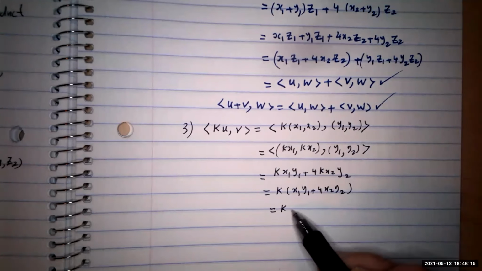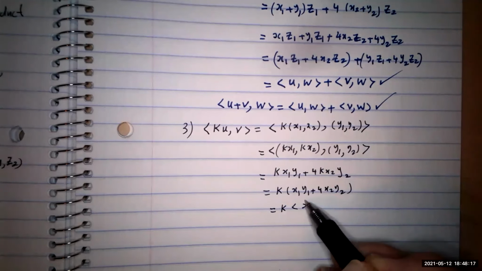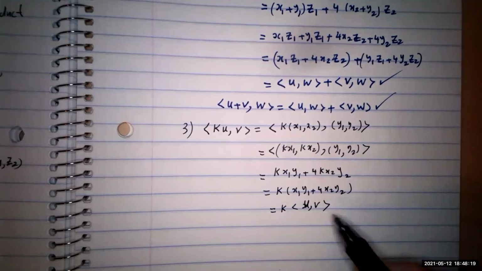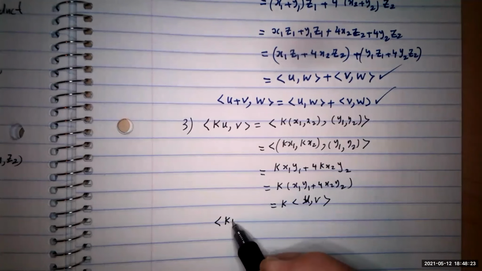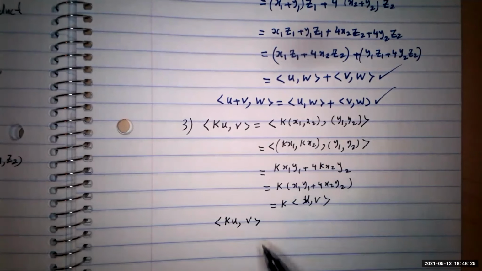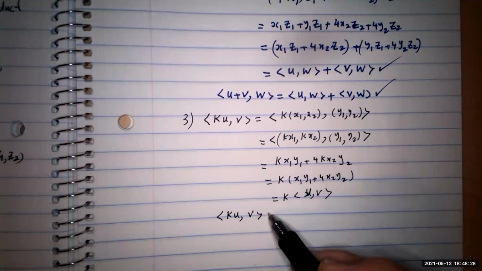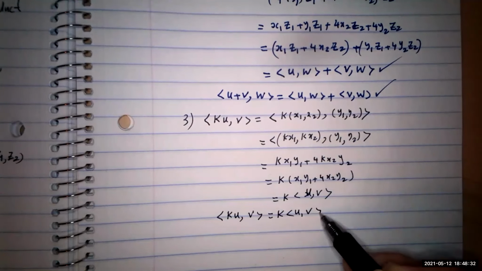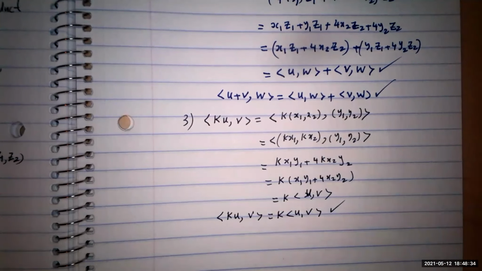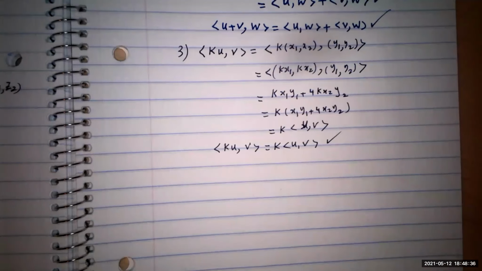So it's k times the inner product of u comma v. We proved it; they call it homogeneity. If you have the scalar on the first component, you can pull it out. That is the third condition.